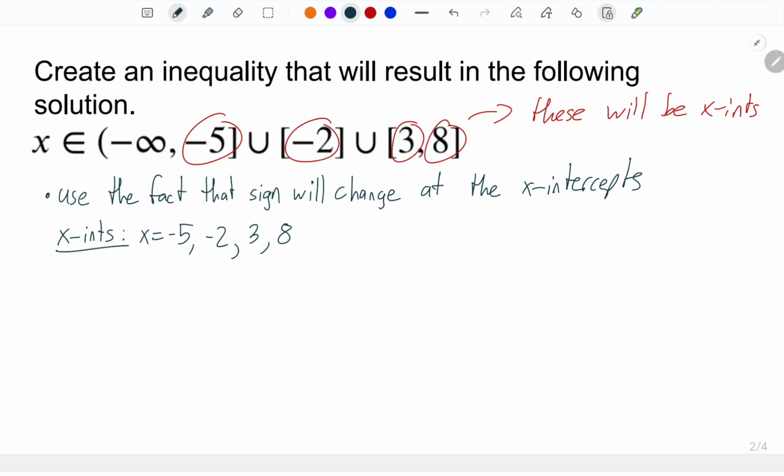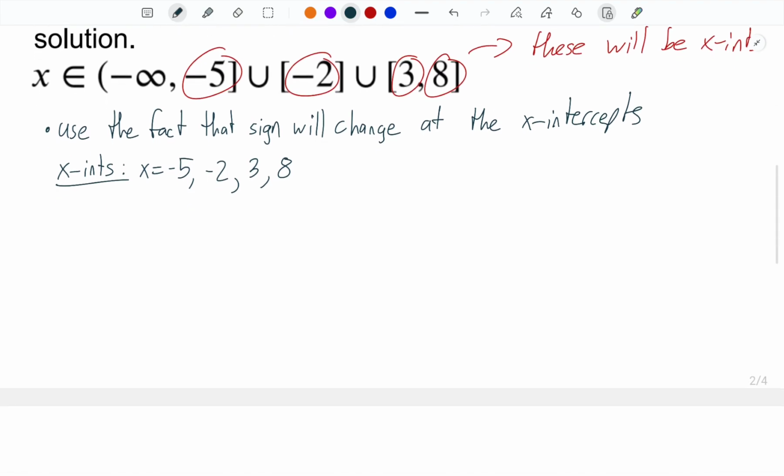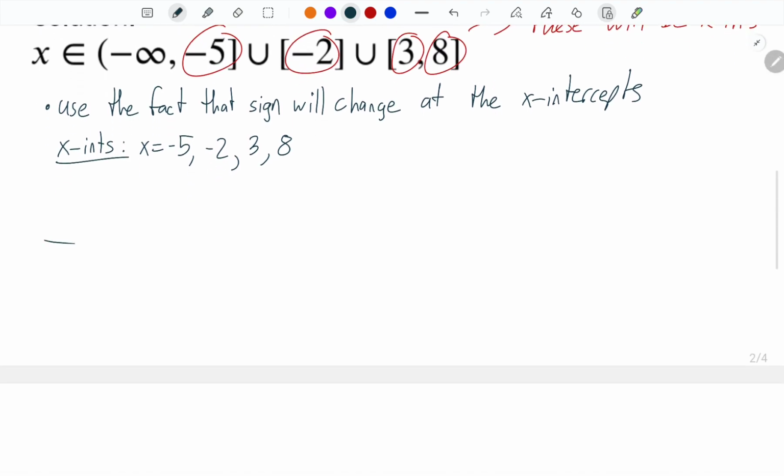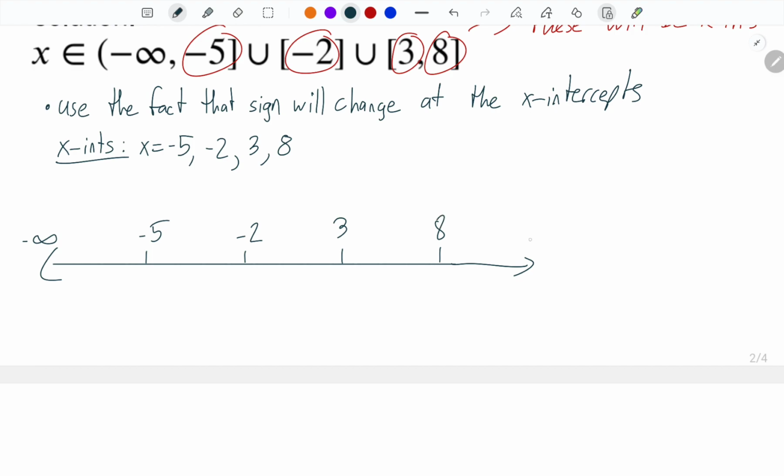Okay, so what I'm going to do is basically reverse the process that we had from before. So let's make a number line. We can even do a little bit of a graph. We're going to start at -infinity, go to -5, go to -2, 3, let's extend it a little bit more, and then 8 with infinity at the end there.